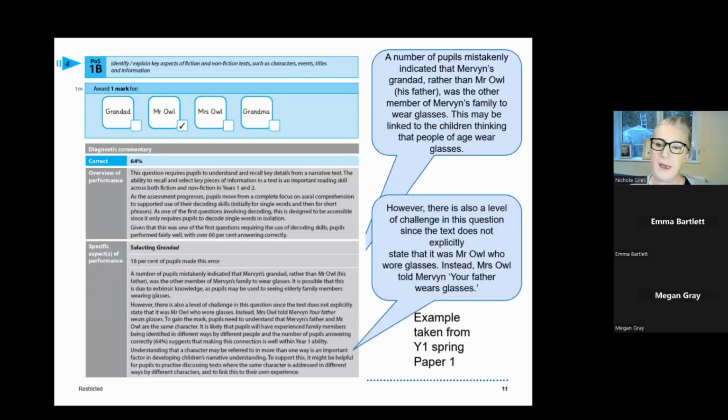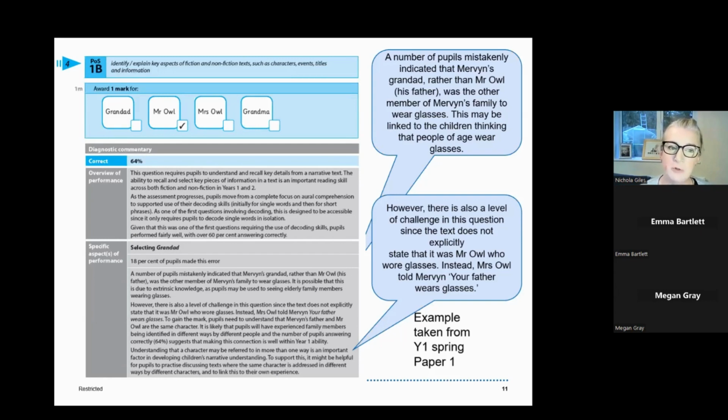So what I've got here are 3 different examples. This is taken from the Year 1 Spring, and I've just taken some extracts. This one was 64%, and it's about Mervin the owl, so 64% got this correct in the standardised sample.